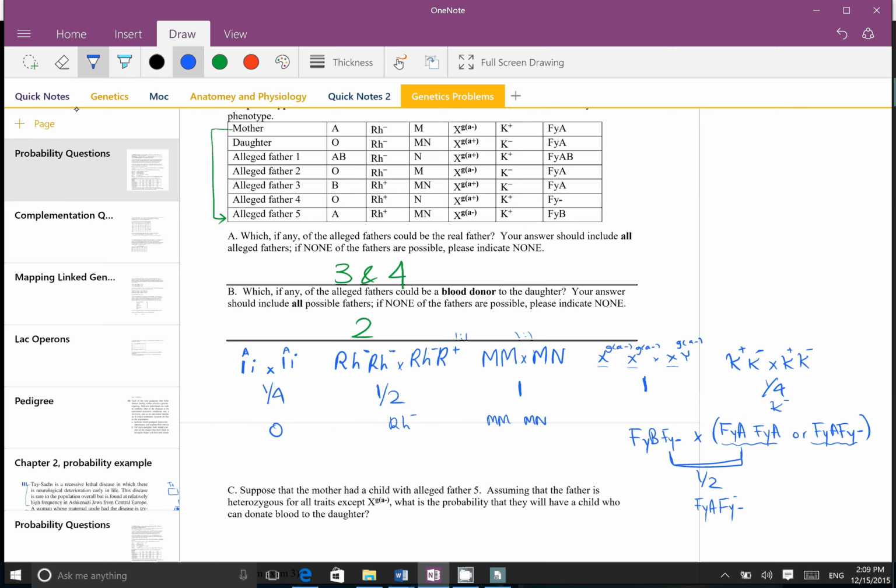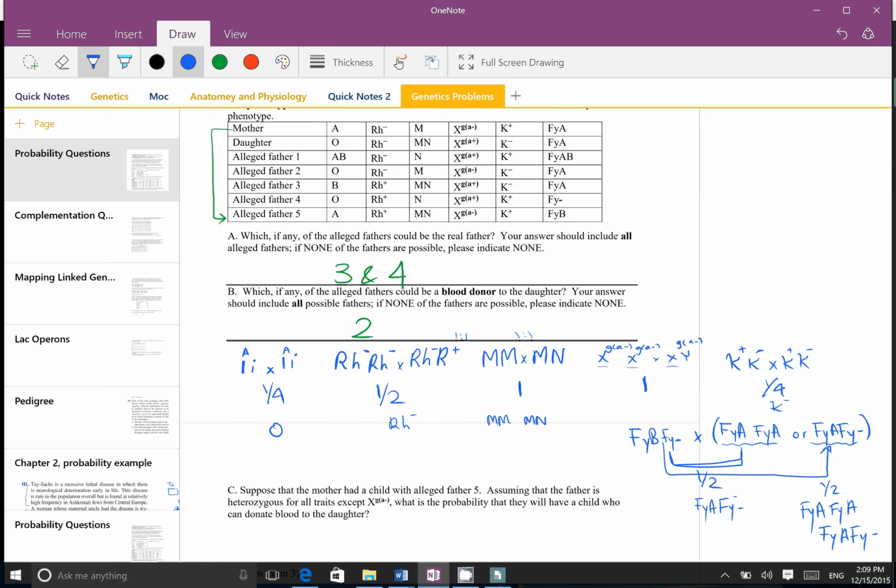Okay, and then when you cross these two together, it's also 1/2, and the genotype is whether this one or this one. And so that's 1/2. I'm just showing you the two different genotypes that will come out. You can draw the Punnett square, but if you know your ratios and you can see it in your head already, you'll be fine.